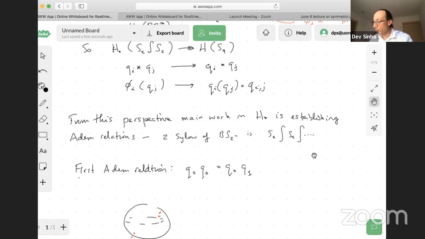This is an RP2's worth of points in configurations of 4 points in R infinity, or lower, if you will. And then what we're saying is that I can also take an RP1 cross RP1, and that produces 4 points in a different way. And these end up being homologous.